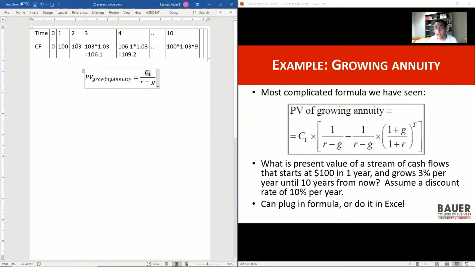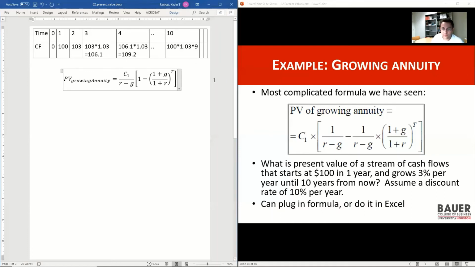The cash flows here change each period in a growing annuity. It's a big mess. All you need in the formula, though, is the cash flow at time 1. Okay, so that's going to help simplify things when we use the formula. Then we've got this bracketed term. We have 1 plus G in the numerator, 1 plus R in the denominator, and that whole thing is raised to the T, how many payments there are. Okay, so this is the growing annuity formula.